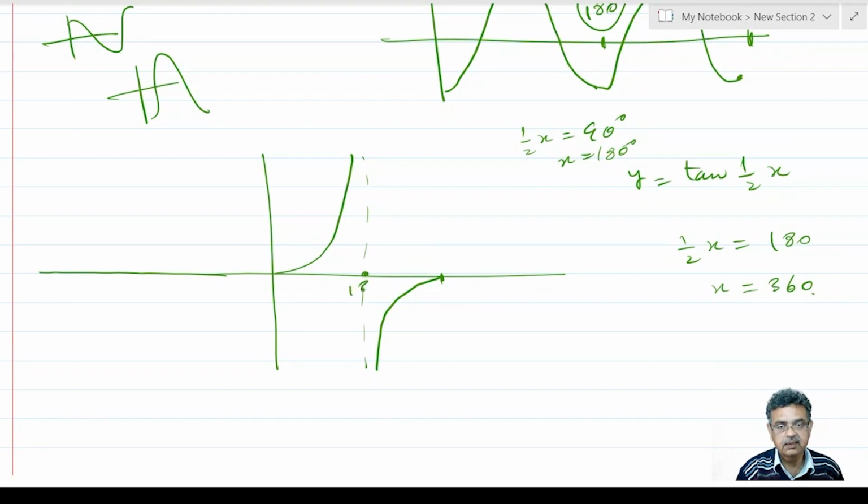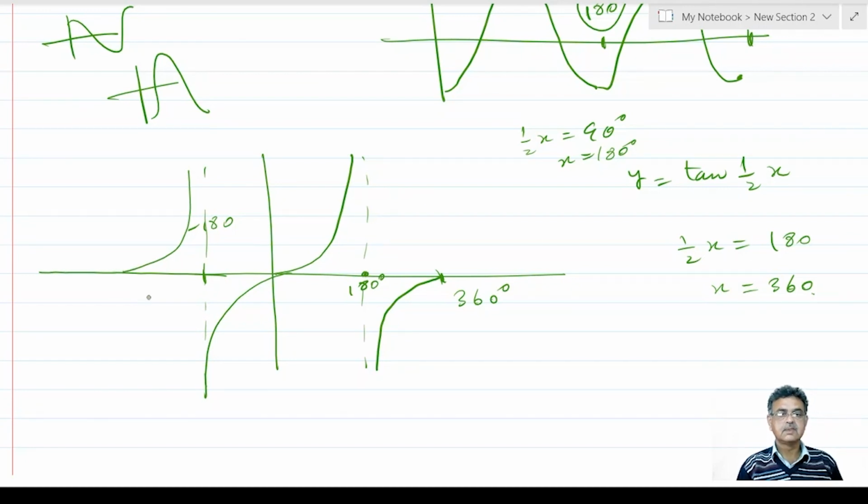So this point is at 180 degrees and this will be at 360 degrees, and on the left this is minus 180 degrees and this will be minus 360 degrees. So this way you can sketch the graph.